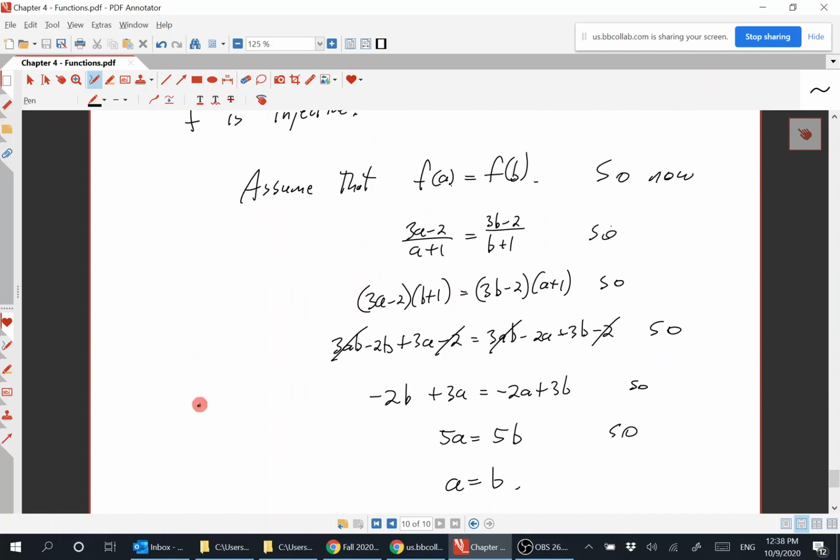All right, that's what we wanted. As required. We started with the assumption that f of a is equal to f of b, and using that, we argued down to a is equal to b. And so that is an injective function.